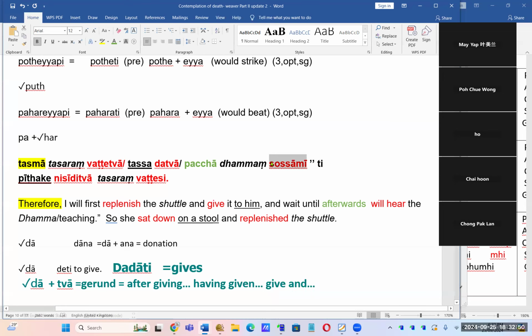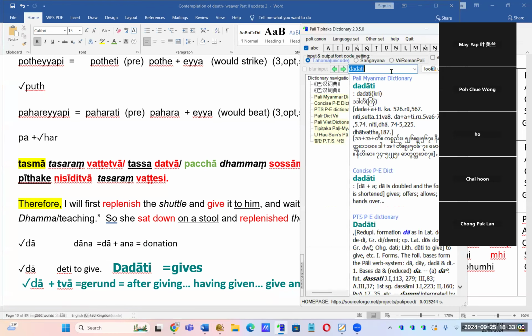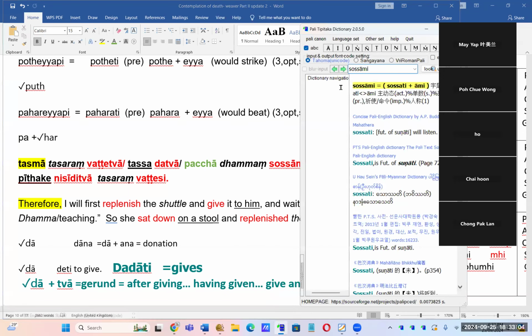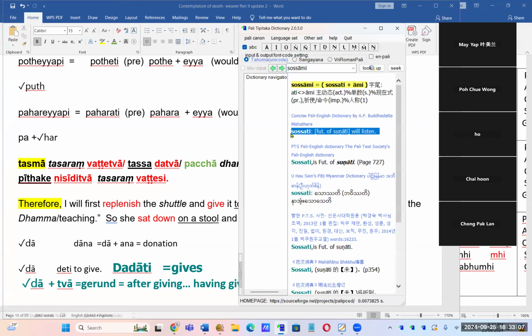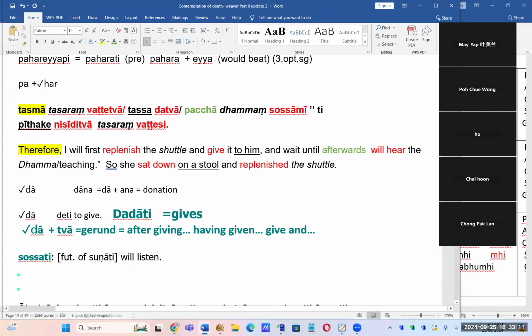This is also another new word you see. Sosami, coming from the word sunati, right? This one is the future tense of sunati. Will listen. So how do you get this one? The root is su. Then your future tense marker is ssa: isati, isami. So you combine, then you change to o. So you get sosa.